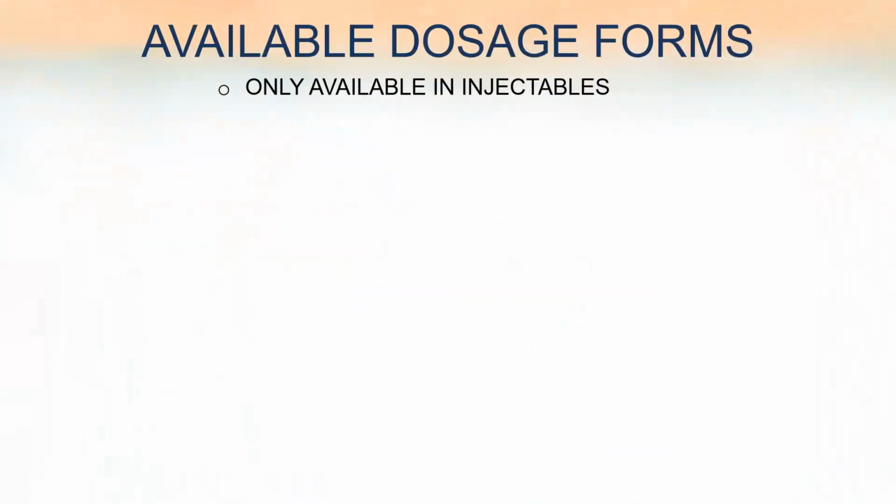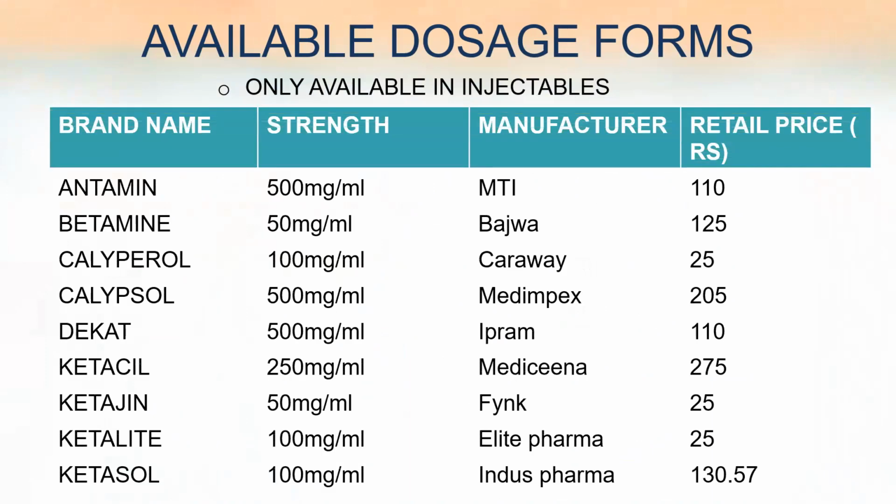Available dosage forms: it is only available as injectables. Different pharmaceutical companies provide different strengths of injection. Calypsol, Decad, and Entamine are the highest strength, 500 mg per ml available, and the Ketamine brands are the lowest strength.